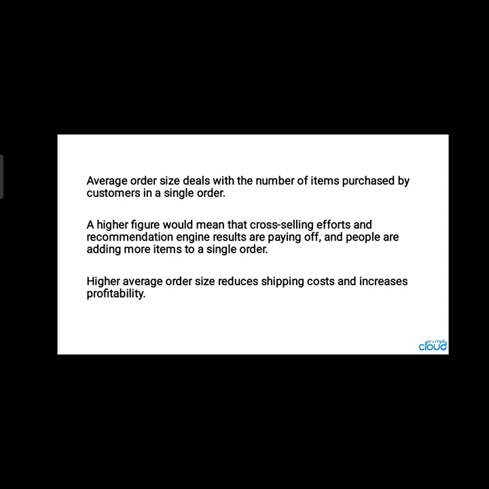Now in the second point of this PPT, words are coming like cross-selling efforts and recommendation engine. What is meant by cross-selling? When we plan to go for an outing, we look for a restaurant or hotel to stay.